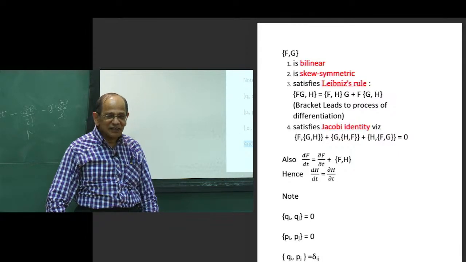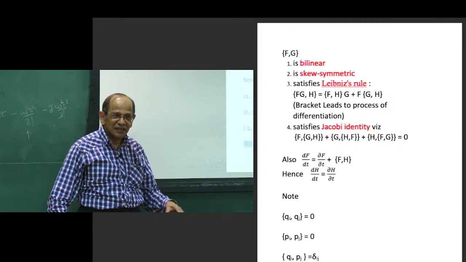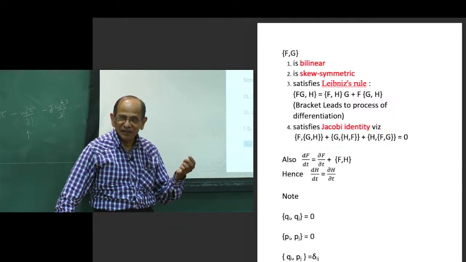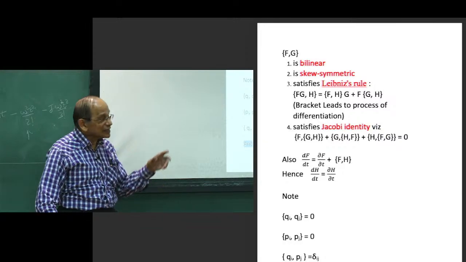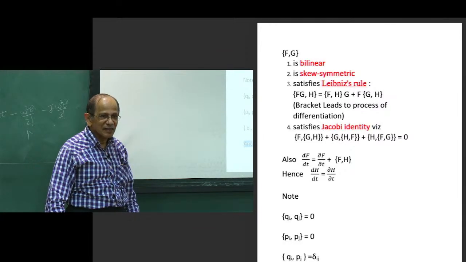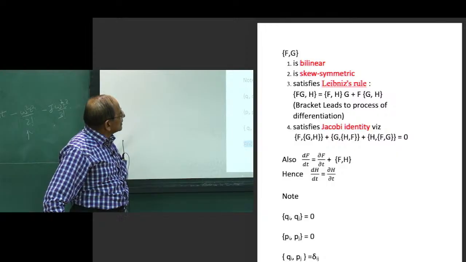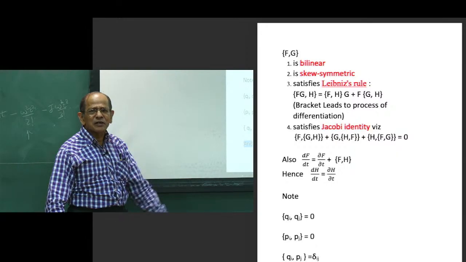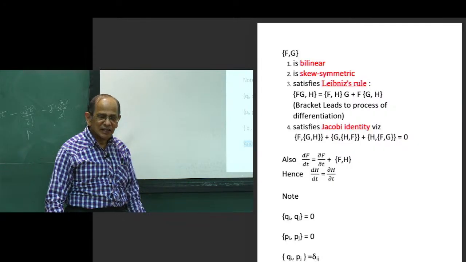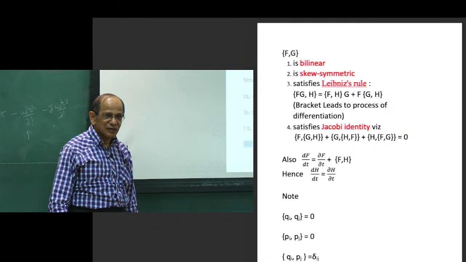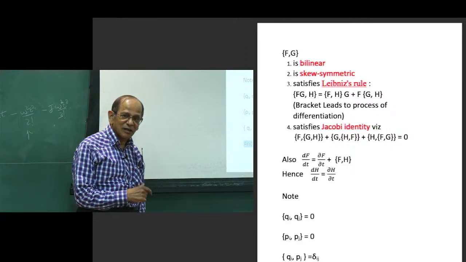And the Jacobi identity together with these other properties is interesting because it defines mathematically what is called an algebra. These are the simple properties which you can verify simply by using the definition, you do not require anything else. Now, how does an equation of motion look using this? That is the important thing for us.